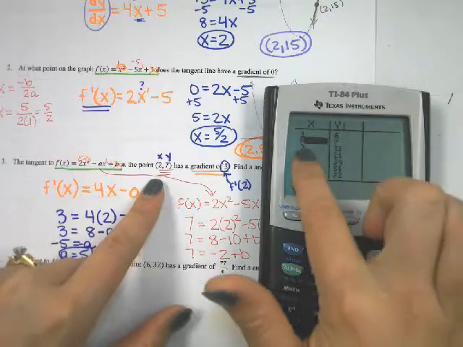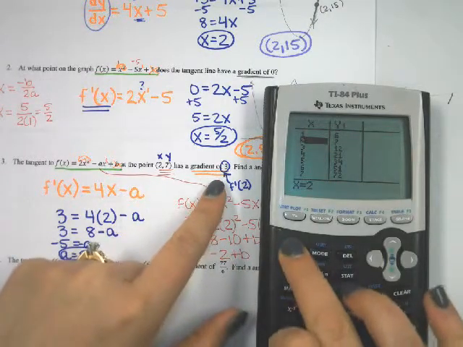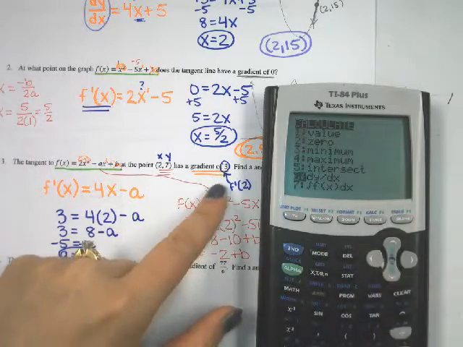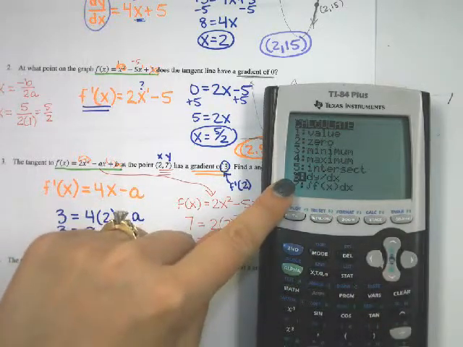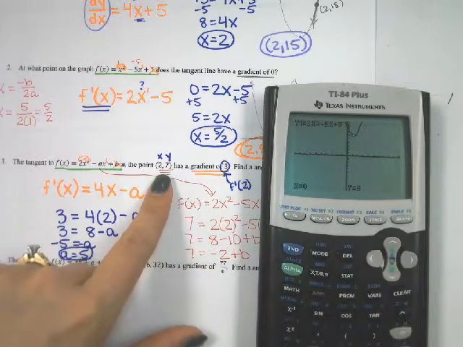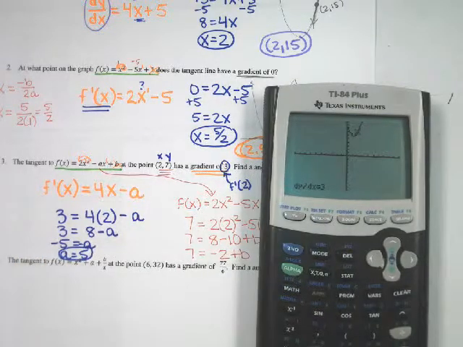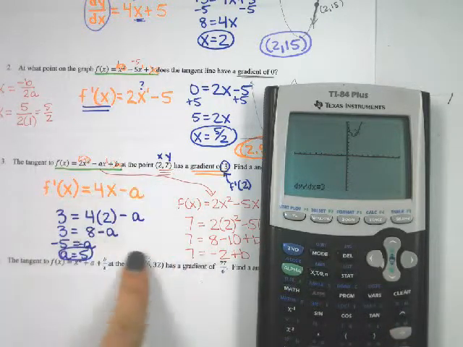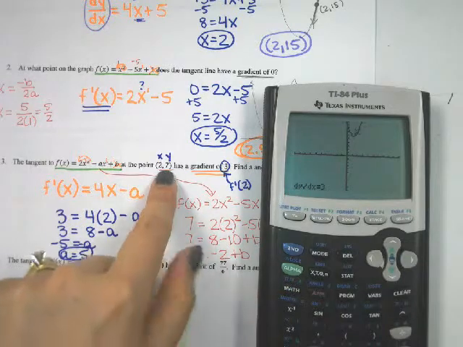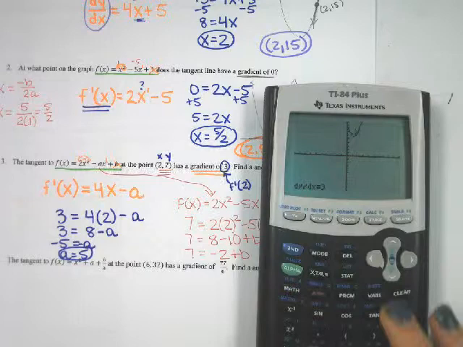Cool. At this point, it's supposed to have a gradient of 3. Let's see if that's true. Second, calculate. Number 6 gives us our gradient or our derivative. And we want to do when x is 2. It does, in fact, have a slope of 3 at that point. So I feel pretty good that we found the correct numbers. I found my a and b, plugged them back in, and I saw this point is on that line. Great. And at that point, I do have a slope of 3.